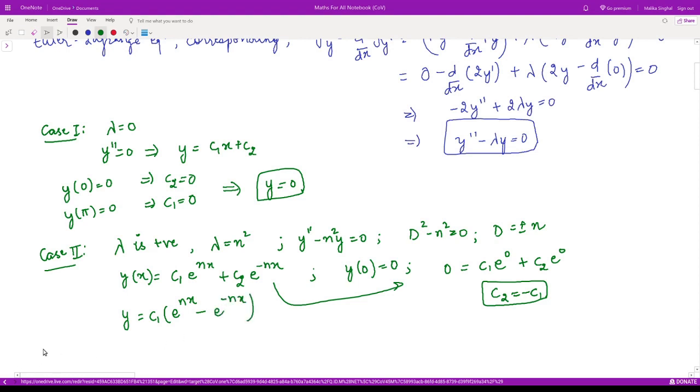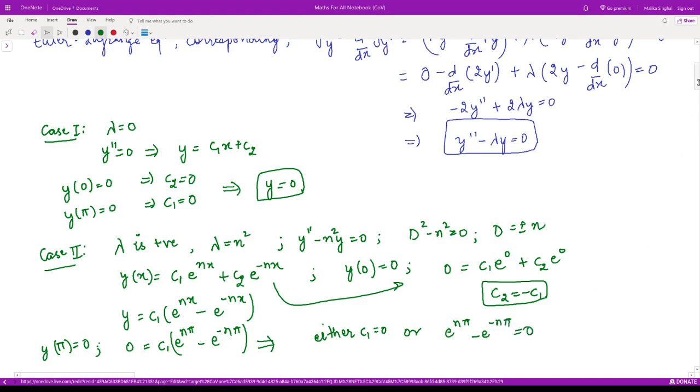So let me use another boundary condition, y at pi is equal to 0. So this gives me 0 is equal to c1 times e to the power n pi minus e to the power minus n pi. So this gives me either c1 is 0 or e to the power n pi minus e to the power minus n pi is equal to 0.